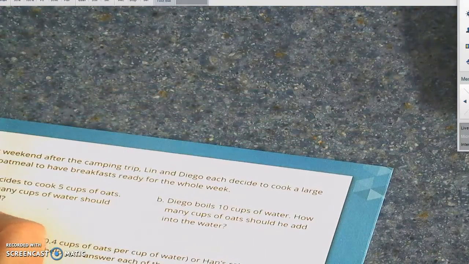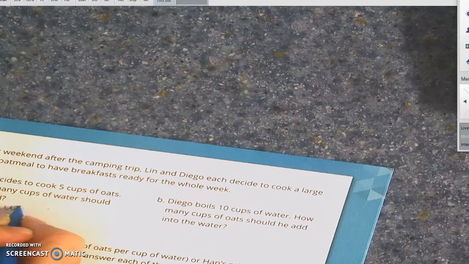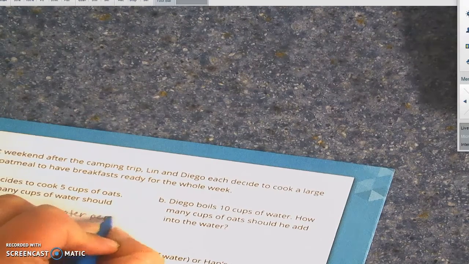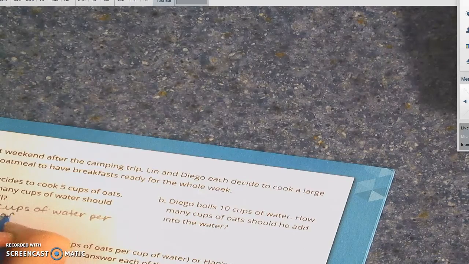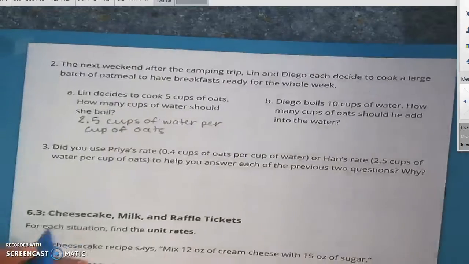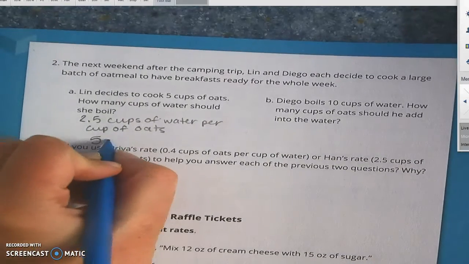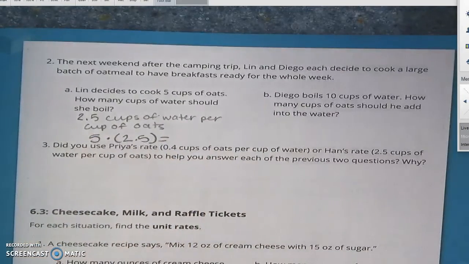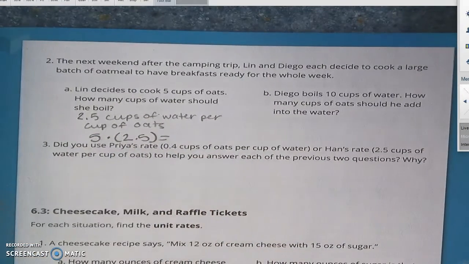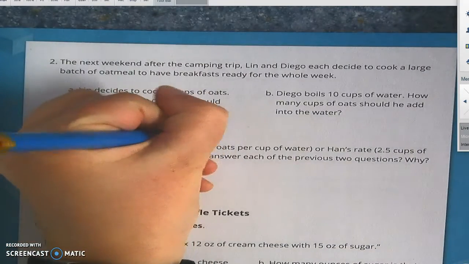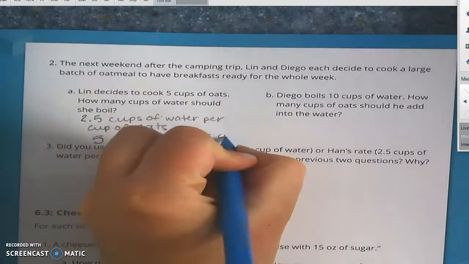So I'm going to write that up here: 2.5 cups of water per cup of oats. And I have 5 cups of oats, so I'm just going to do 5 times 2.5. I could have put this in a table, but because I already have this information, I might as well use it. And that gives me 12.5 cups of water.